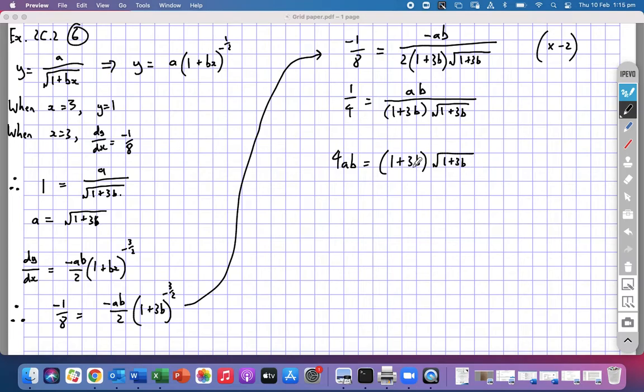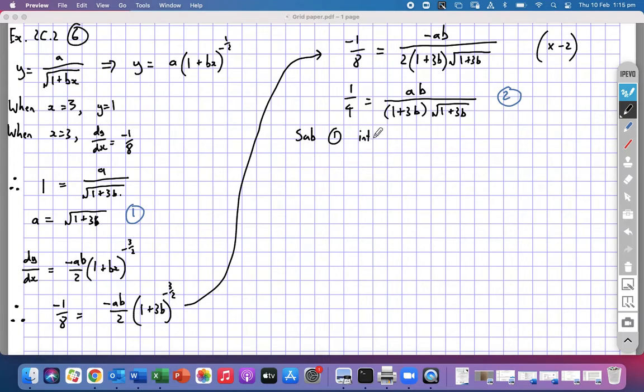You might want to keep going, but if we recall that a was the square root of 1 plus 3b, if I then substitute, I'll call this equation 1, equation 2. If I substitute that a into this equation here, the square roots will cancel out nicely. So in this instance, I'll just leave it as a fraction.